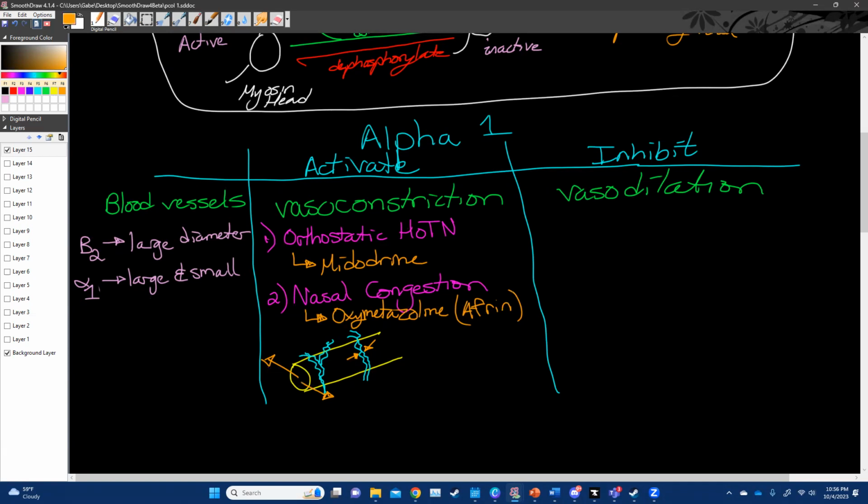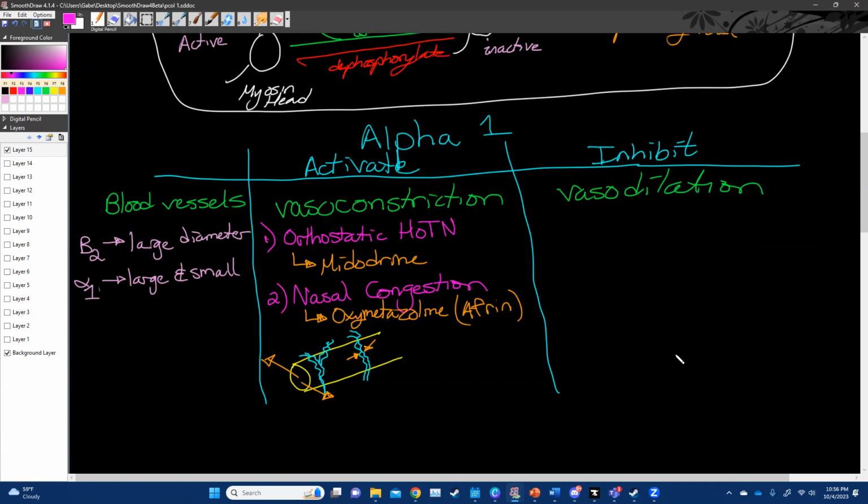In terms of vasodilation, but through inhibition, what we're doing here is more of an adverse reaction.